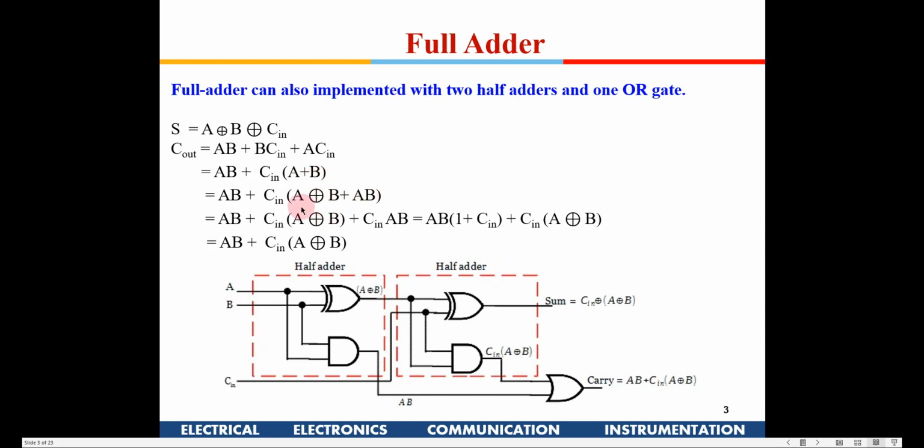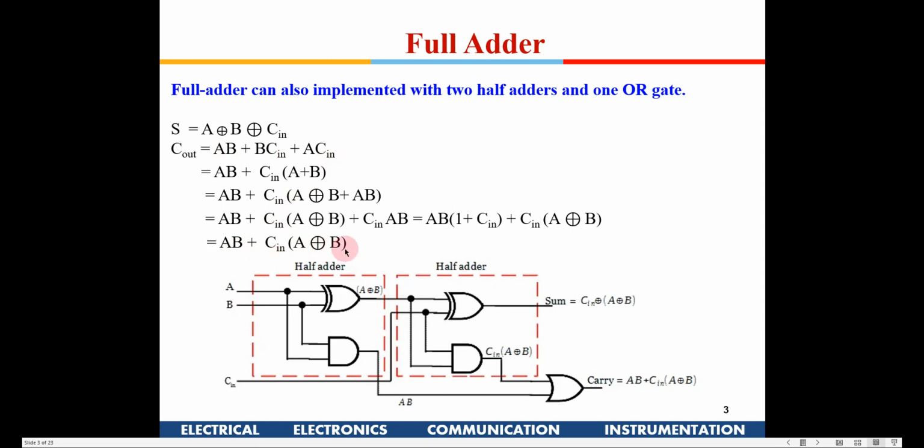The advantage of writing like this is, if you open the bracket, you will get C in A XOR B, and since A XOR B we have already implemented for the sum, we can use that here. That is the advantage of this particular format. So if I take AB common here, this turns out to be just AB plus C in A XOR B. This is how this expression has been written in a simplified manner.